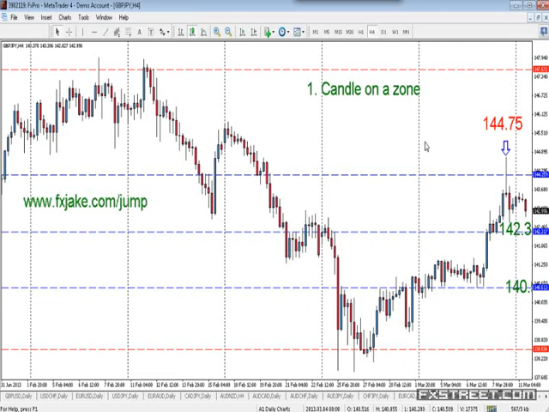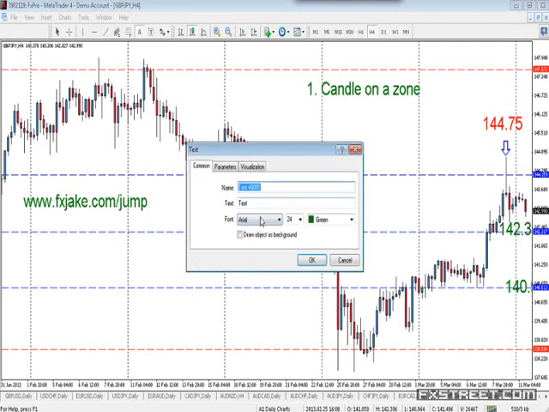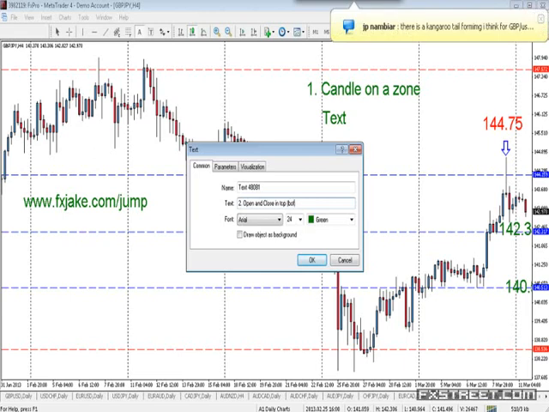Number two, the second thing, and that's obviously what we have here with tonight's pound yen for our kangaroo tail. It's on a zone. Number two is that the open and the close are in the top or bottom 33%.